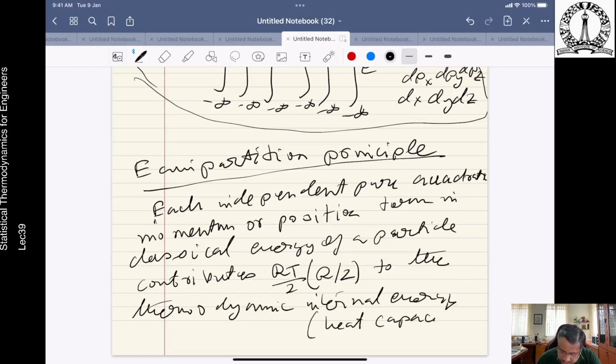So that is R/2 for heat capacity, basically heat capacity per mole.